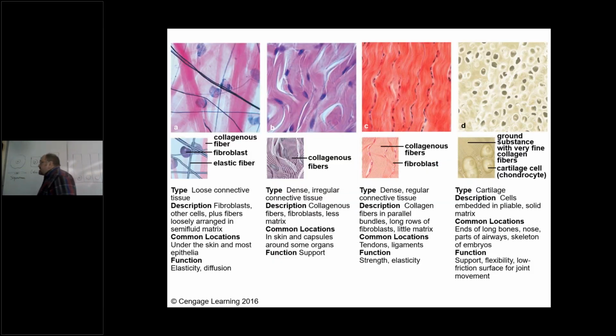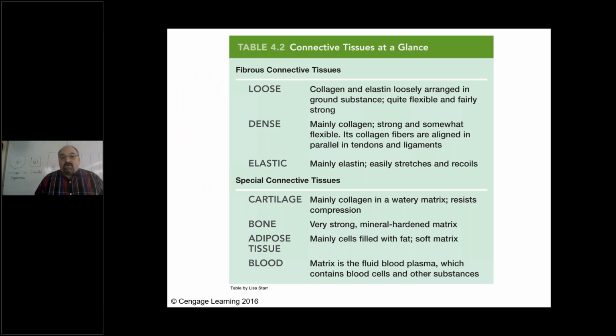So here we have some different examples of some different types of tissues. You know, I want to go back to the other slide for one more moment and just talk to you about that. Where you see it says collagen, elastin, right? So collagen, these types of fibers are very strong.